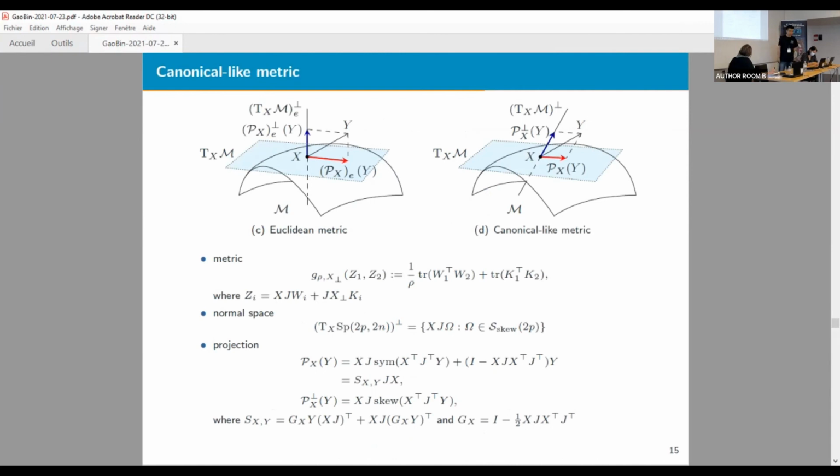So using this metric, the projection operator becomes easier. That's the main point. And this metric was created by you? Yes, we developed this novel metric. Very nice. Thank you.